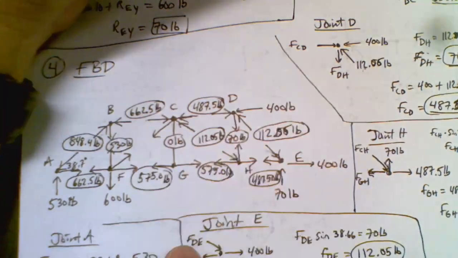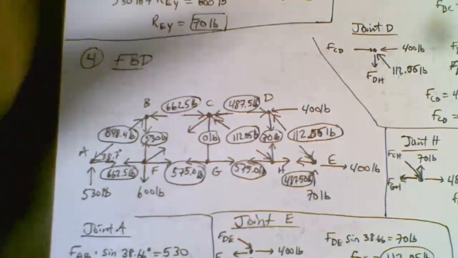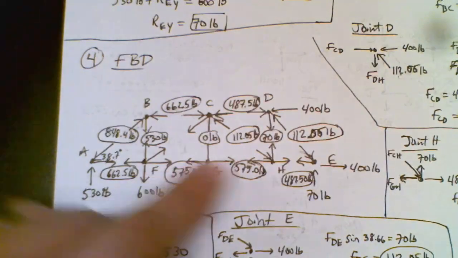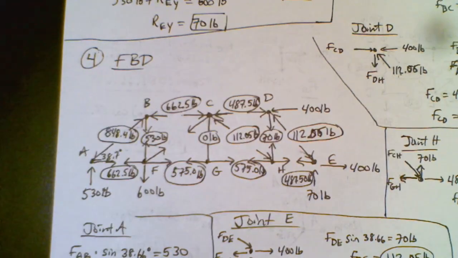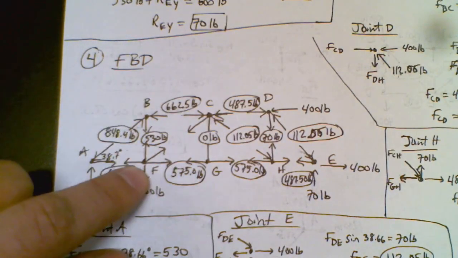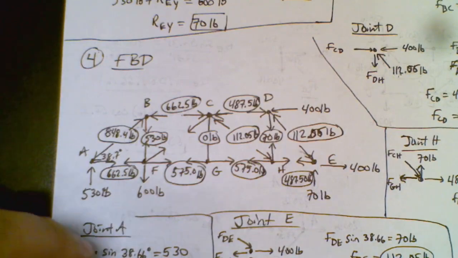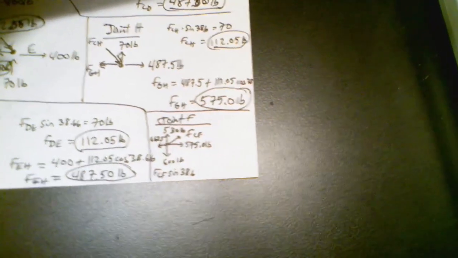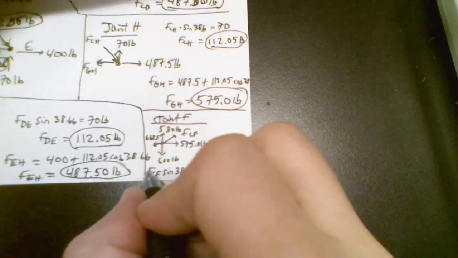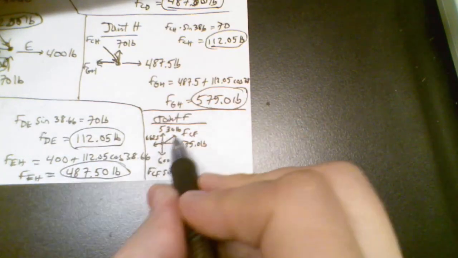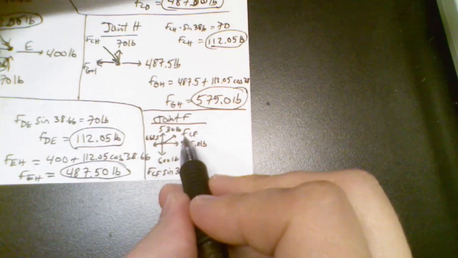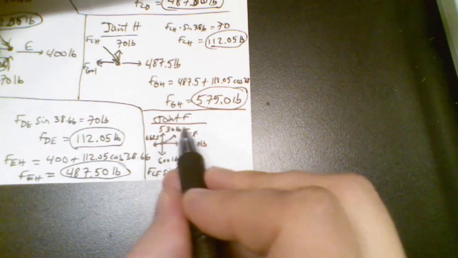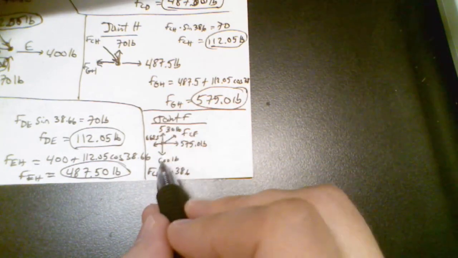And now we have one last one to go to, and it's finding this last one. I would probably just do it the same way I did this one over here. I don't really want to go up to C, so I'd probably go down to F and redraw it for our last one. Alright, so for my final move, FCF is a diagonal up, and I'm going to turn it into up with sine. So 530 plus this guy's up must equal 600.